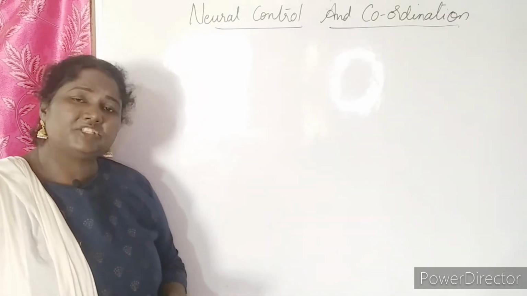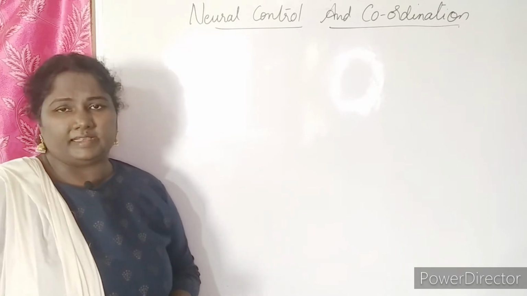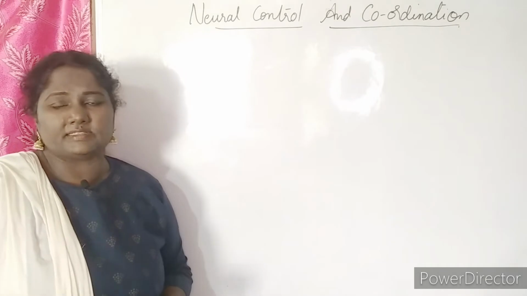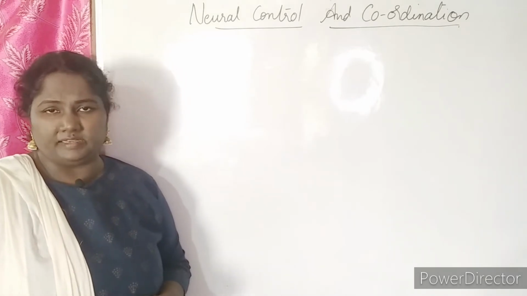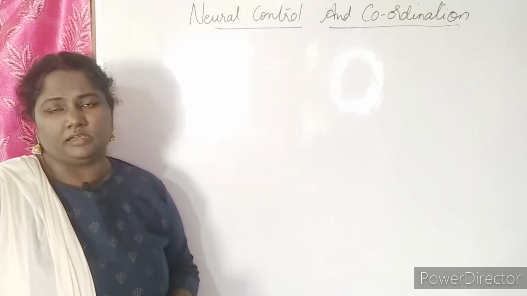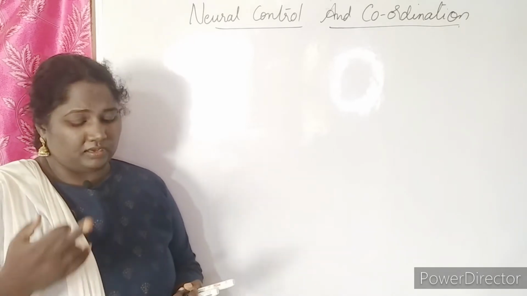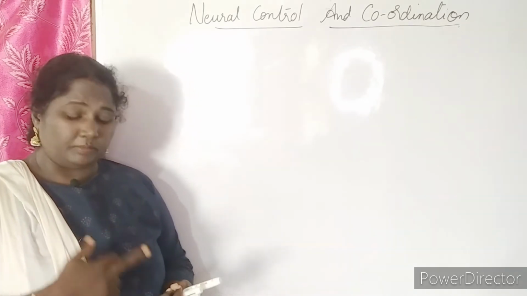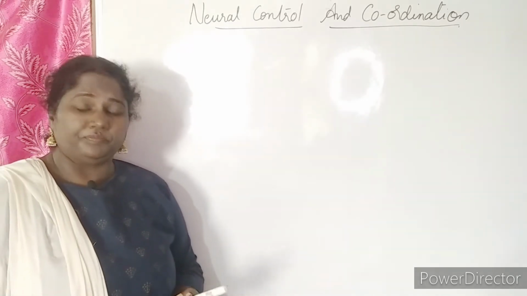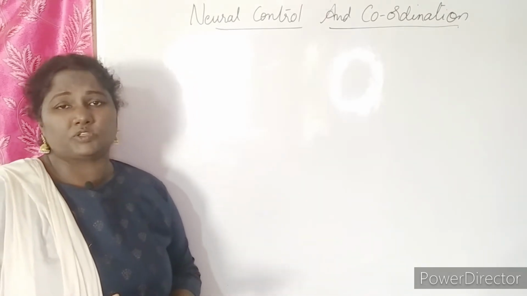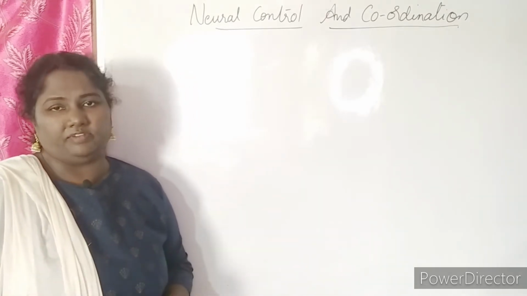Here the energy giving system is the digestive system. After eating, the food is digested and converted into energy. That energy is later used by the athlete for running. So if a person or an athlete is running, the muscle system, skeletal system, digestive system, and neural system all have to work in a coordinated way.